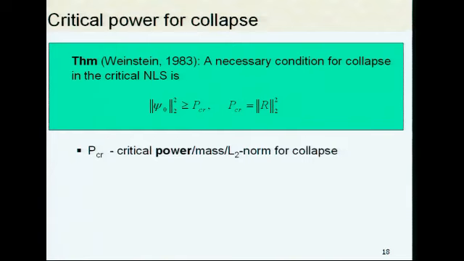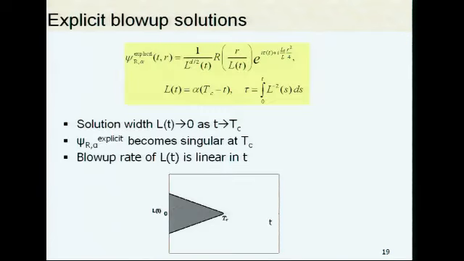People sometimes call this the mass, but in optics it physically corresponds to the laser power, how many watts or megawatts the laser beam has. So from now on this will be denoted as power, and P critical is called the critical power for collapse. You need at least this high power in order for the solution to become singular.